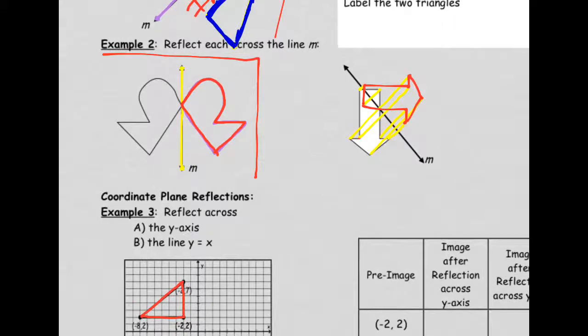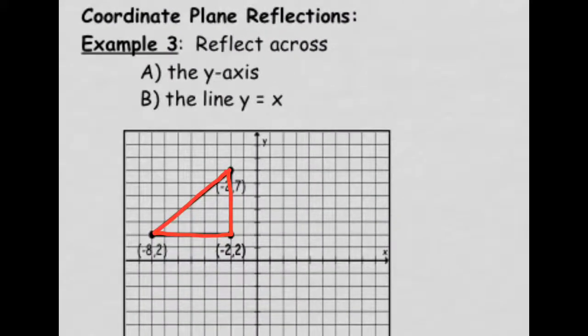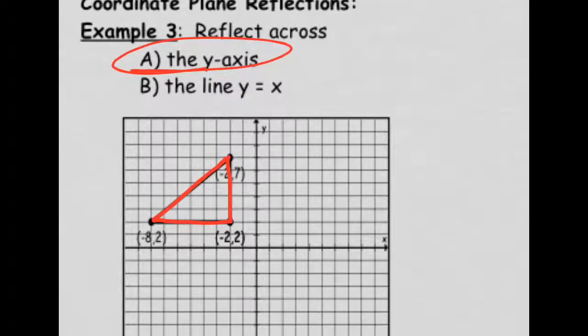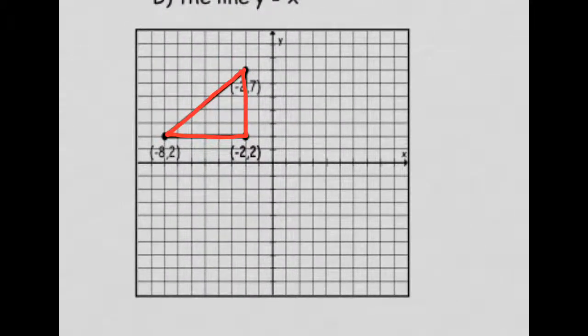All right, this next one, example 3. Reflect across the y-axis first. If you have a highlighter, go ahead and highlight your y-axis.